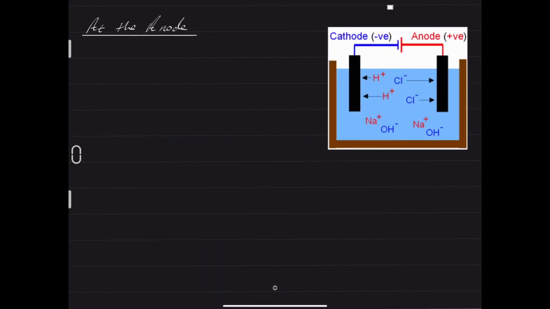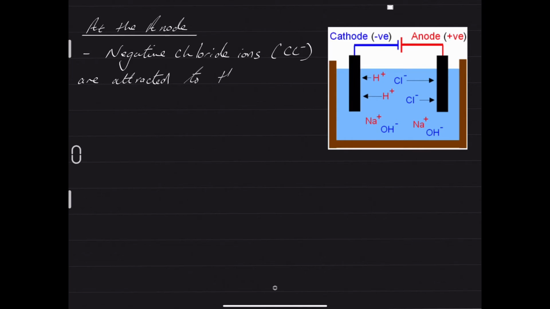So we're just going to put a few points down for the reaction at the anode. So we'll just bullet point what's going on. Negative chloride ions are attracted to the anode.